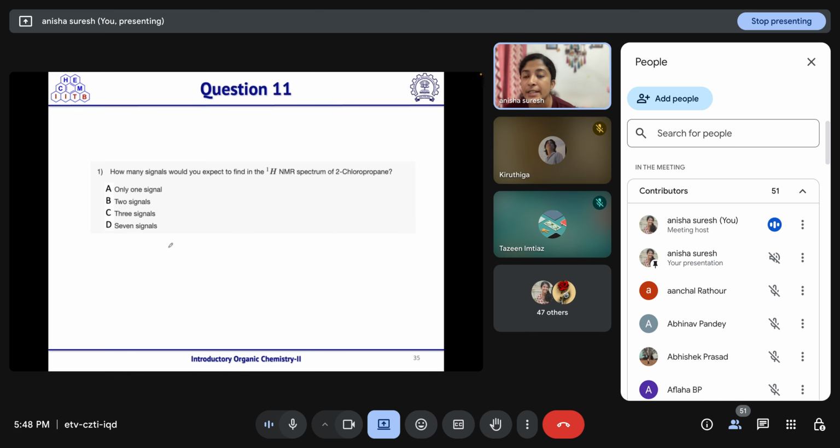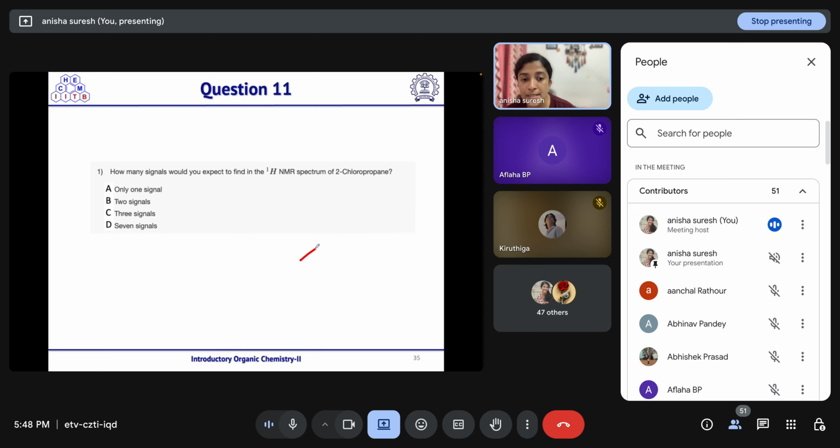Now coming to question number 11. How many signals would you expect to find in the 1H NMR spectrum of 2-chloropropane? 2 signals. Okay. So first we have to draw the structure of 2-chloropropane.